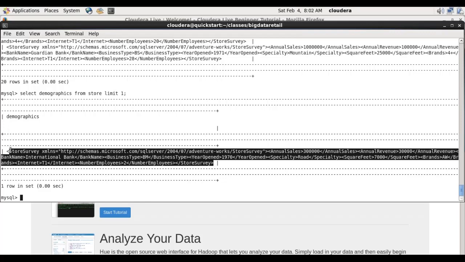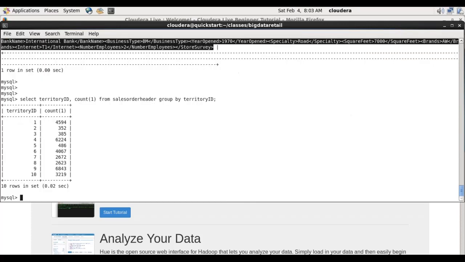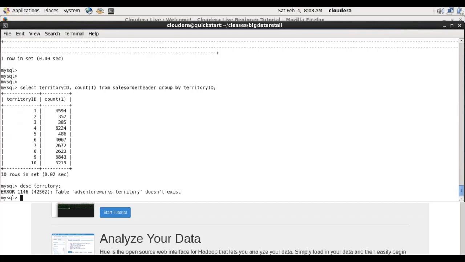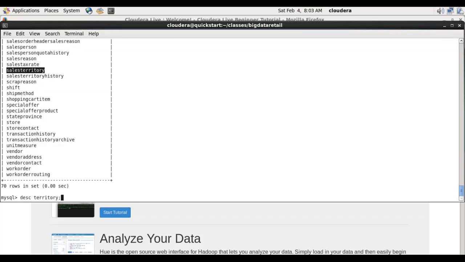We have 10 territories, right? I think there's a table called territory. There's no table. Show tables. Okay, there's no table called territory. We have stores. Okay, what we have is sales territory. Describe sales territory.